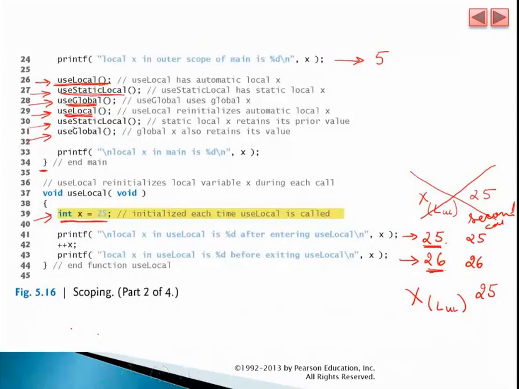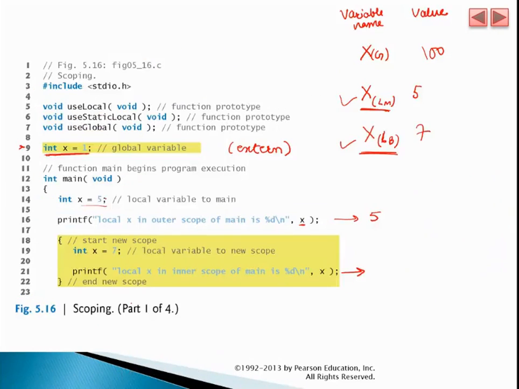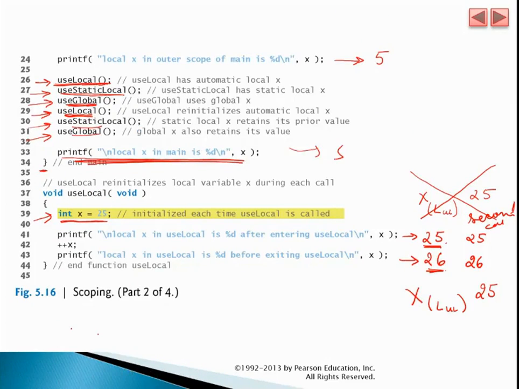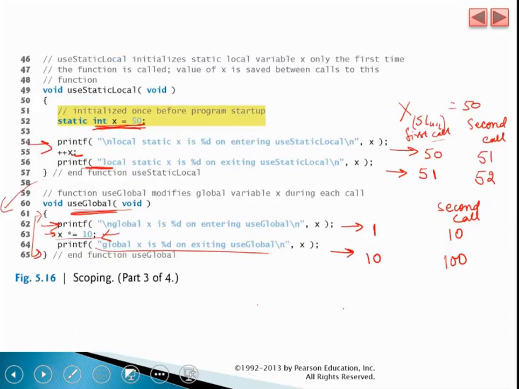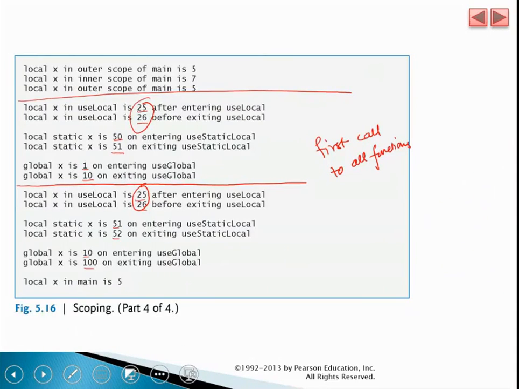After calling all these functions, again I am printing the value of x. What will get printed here? This is inside the main function, and inside the main function the local variable has the value 5. So this line will again print 5 and the program ends.